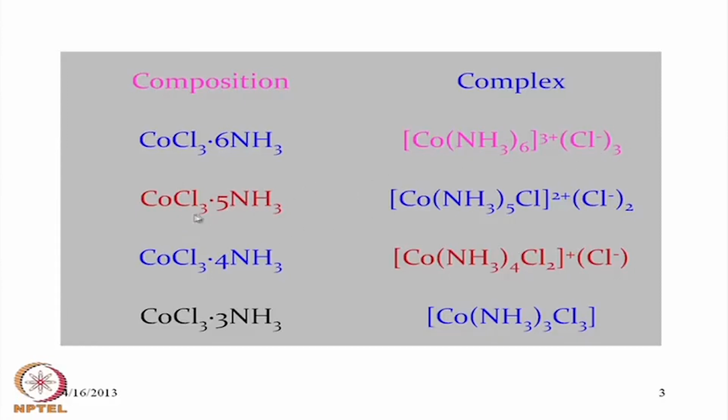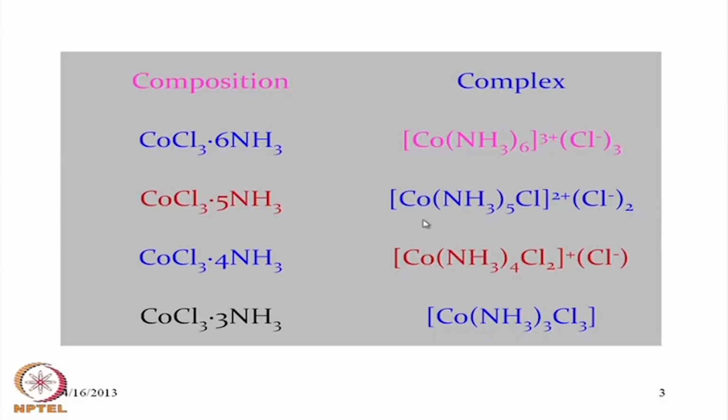From this analogy, we go to the second stoichiometric product for the corresponding coordination compound, where we have 5 ammonia molecules, or ligands. Now we have defined them as ligands. So cobalt is surrounded by 5 ammonia ligands, and 1 Cl is present as a ligand within the coordination sphere. So this is a coordination sphere where we have 5 NH3 and 1 Cl, and 2 of the Cl are present as Cl minus.